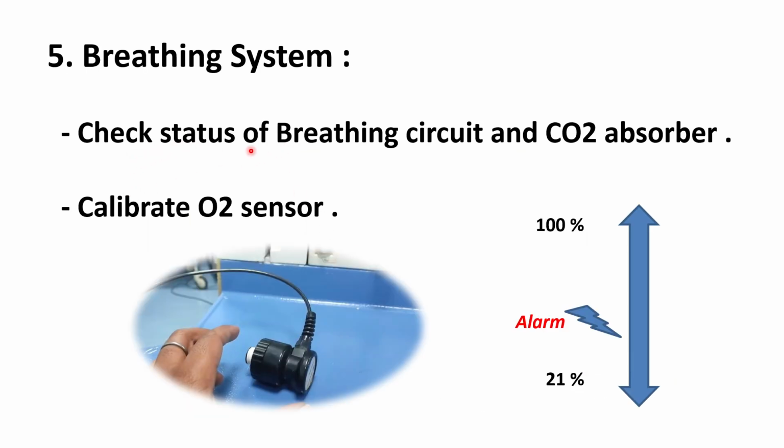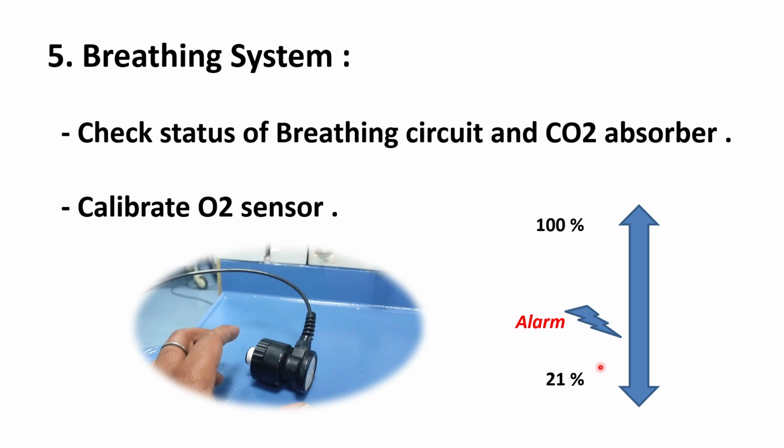At first, check the breathing circuit for cracks or damage, and check that the CO2 absorber has no discoloration, and calibrate the oxygen sensor. This is the trigger anesthesia machine oxygen sensor. To start calibration, we put it in the air and tell the device to calibrate this as 21%. Then we set the alarm at 30% and calibrate it as 30%.